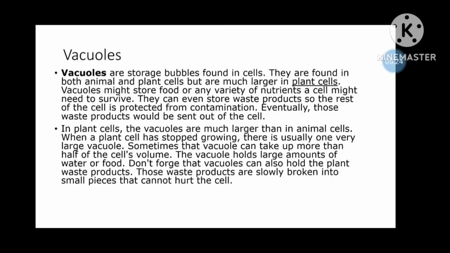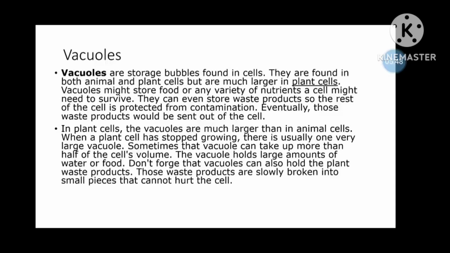So whatever waste product is formed during the cellular process is stored in the vacuoles, and these vacuoles gradually break down those waste products so that the cell is not harmed by these waste materials.